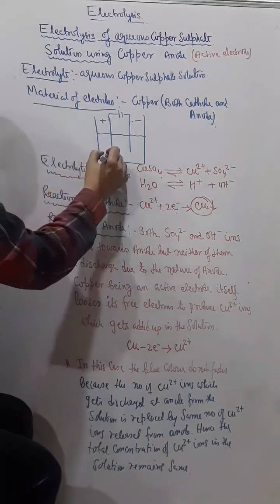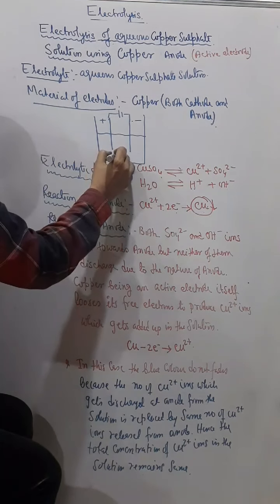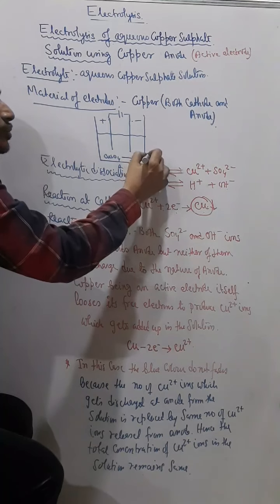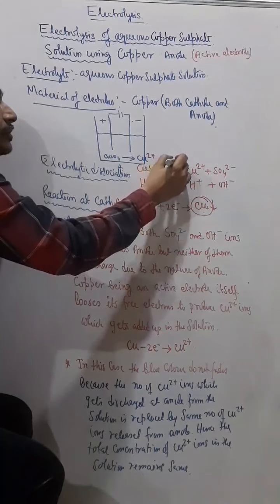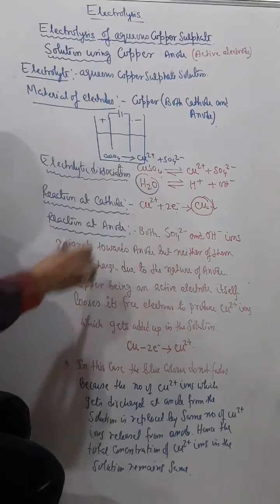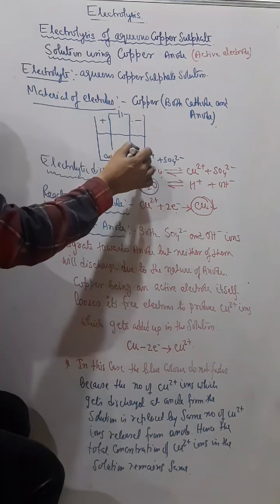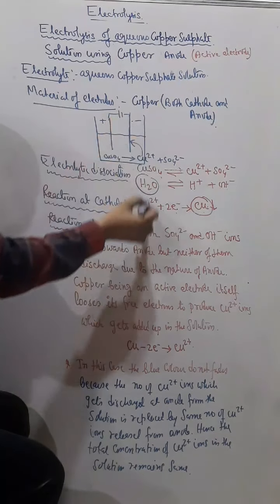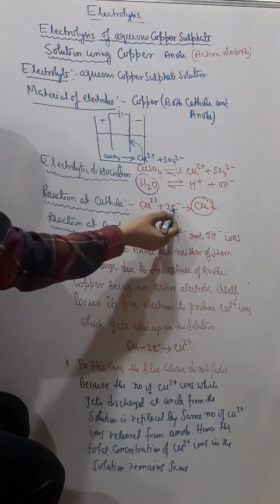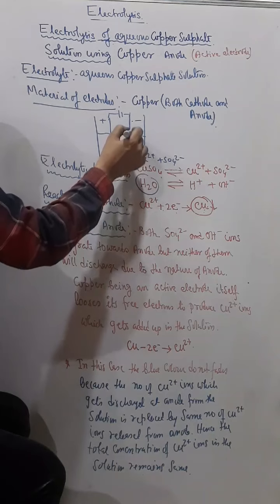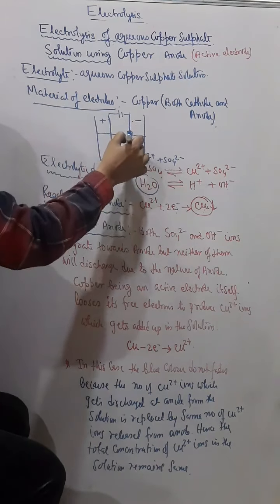Try to understand CuSO4 splitting into Cu2+ and SO4 2-, and water is also splitting, but this Cu2+ is going towards the cathode, gaining electrons, and sticking as a reddish brown metal, making a coat on it.